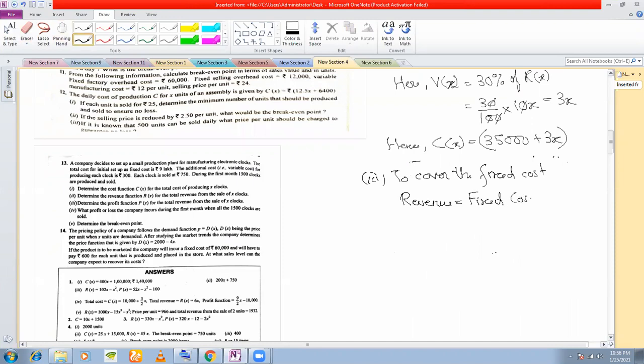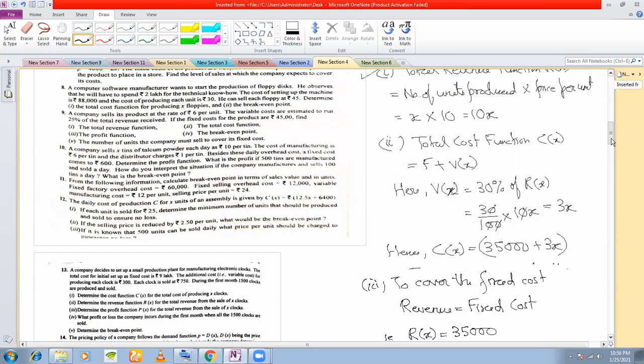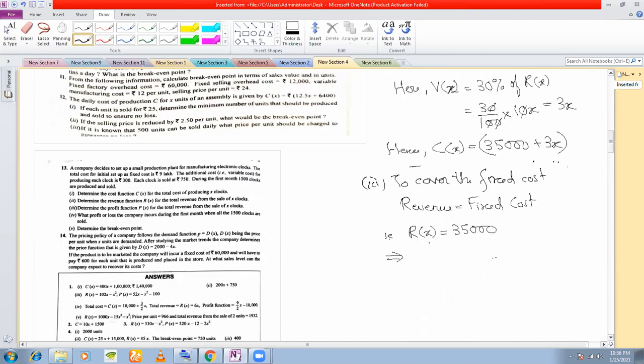Only fixed cost, because to cover fixed cost means you need to cover only your fixed cost. You don't need to cover your variable cost. That is, Rx must be equal to the fixed cost, 35,000. Rx we have found as 10x, right?